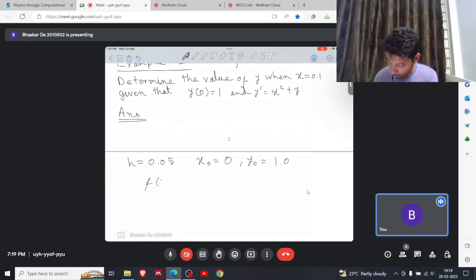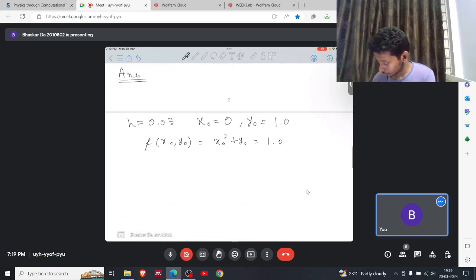So f of x naught y naught equals x naught square plus y naught, which gives 1.0. Hence y1 0 equals 1.0 plus 0.05 multiplied by 1.0, which gives 1.05.